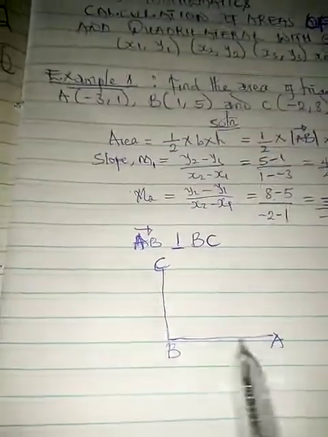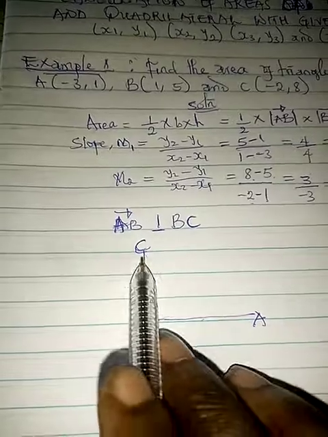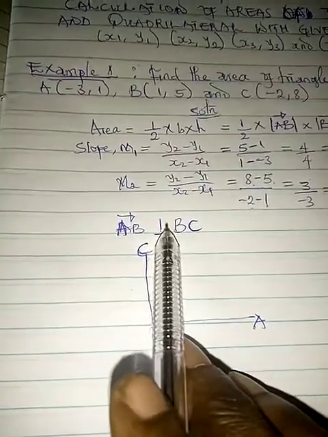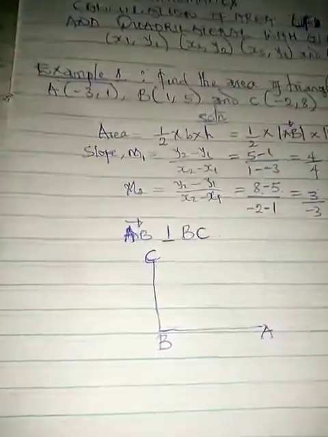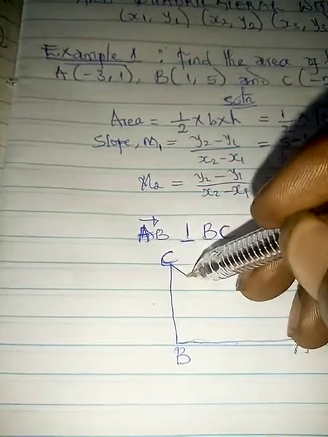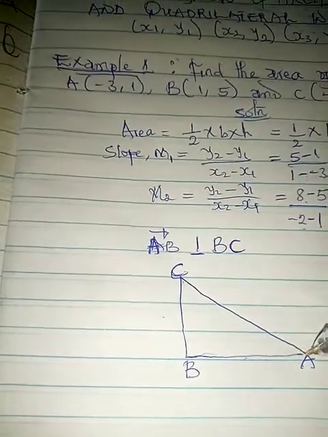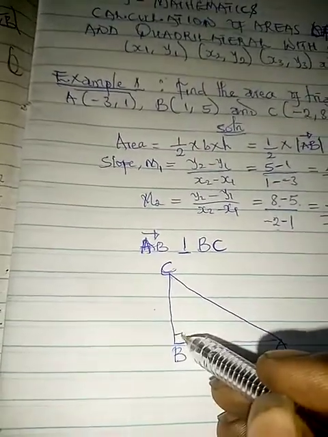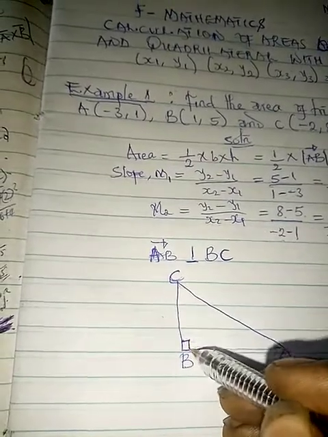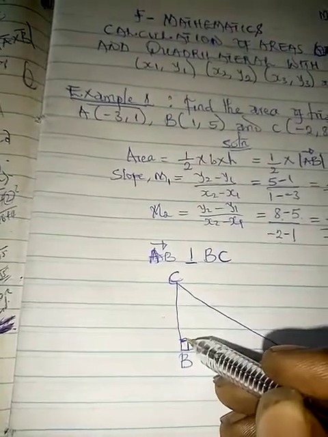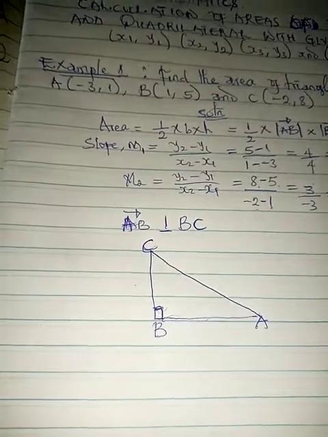Yes, so AB is perpendicular to BC. Based on this, AB is perpendicular, this perpendicular sign, to BC. So in that situation, you remember that angle 90 will be formed, because we talk of perpendicular lines. Perpendicular lines are angle 90 degrees. Okay, so we have a right angle triangle there.